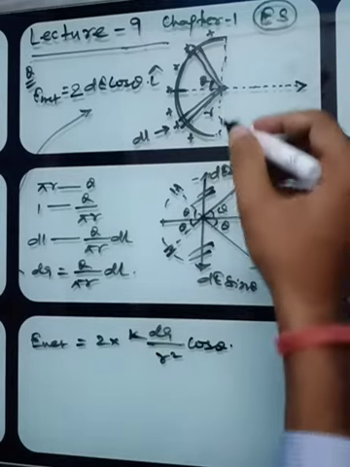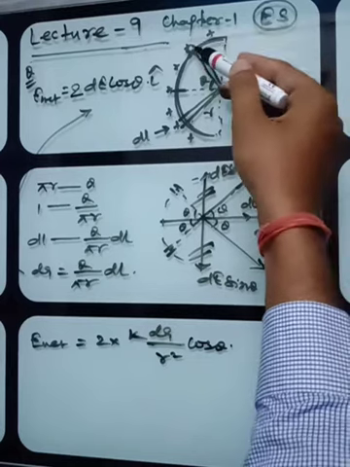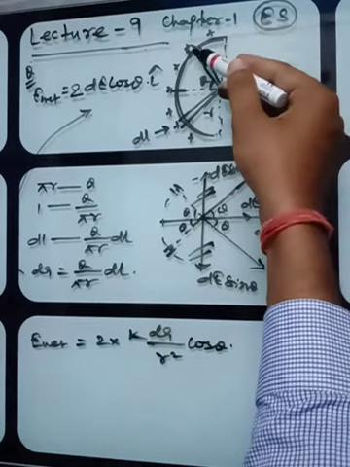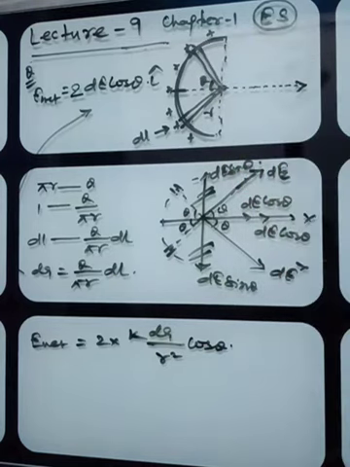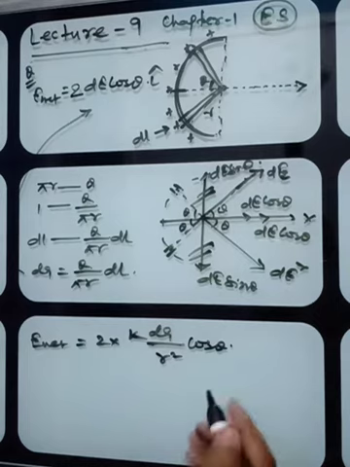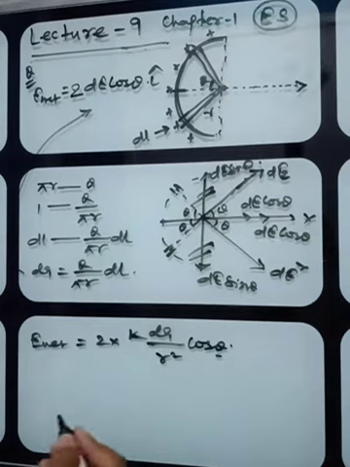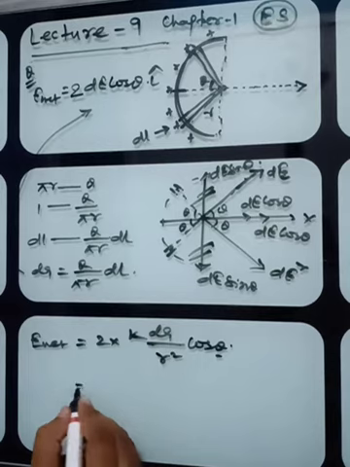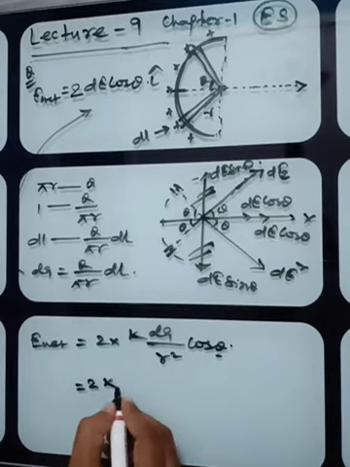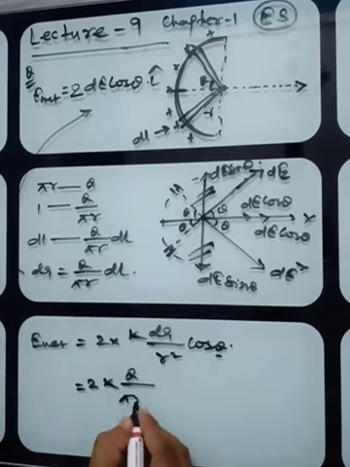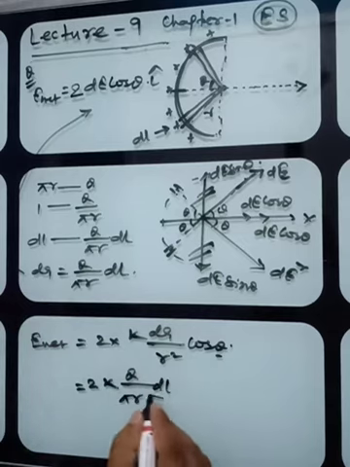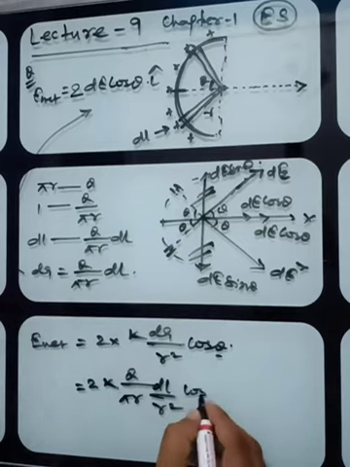If you are taking this dl a little bit larger, this theta is going to be changed. Very good. So you need to just convert this. First put the value of dq. It is 2k dq, and dq is q by pi r into dl, over r square, cos theta.